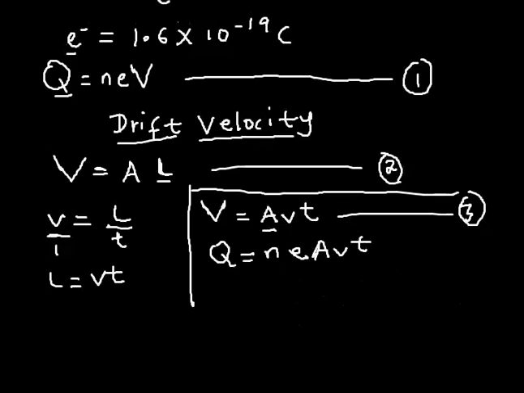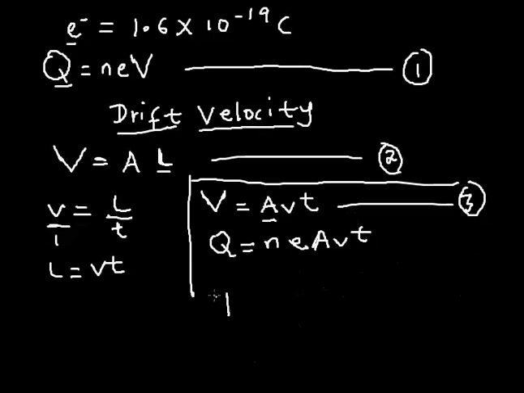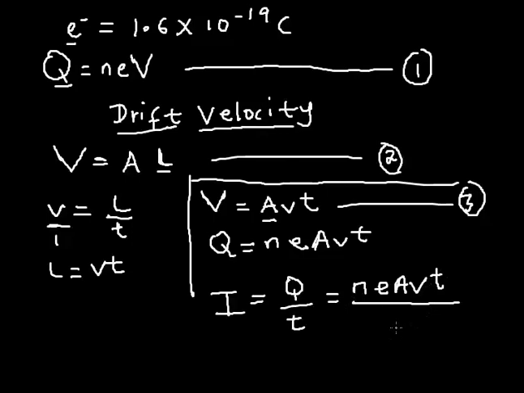Now I can get my current based on the drift velocity of the electron. Don't forget that my electric current is given as quantity of charge over time, which is equal to NeAvt divided by the time.